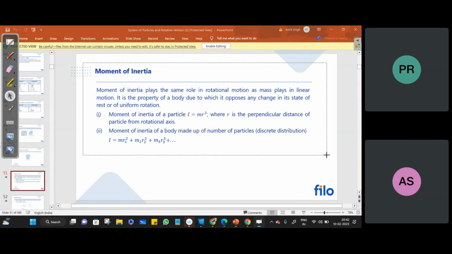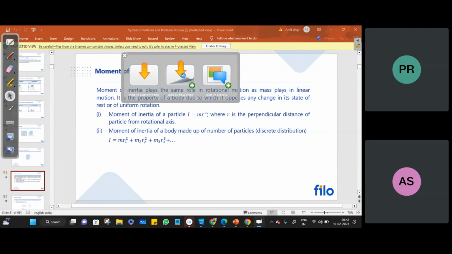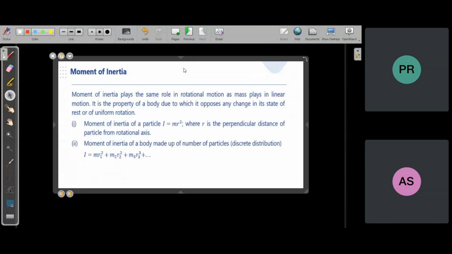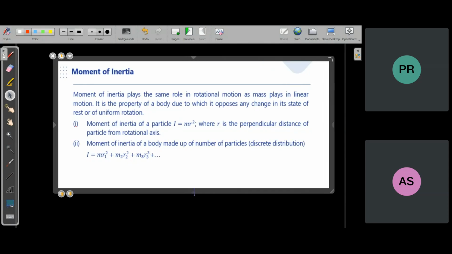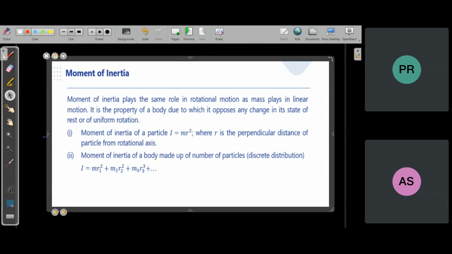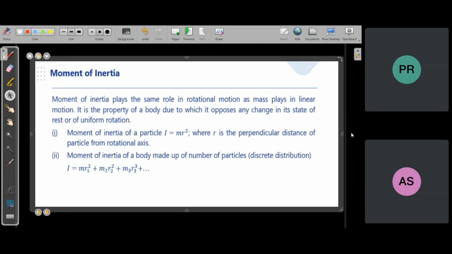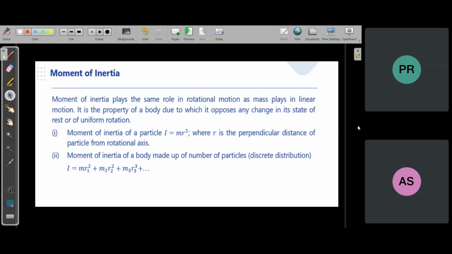Okay, so now the next important thing that we have to start, the first most important thing in the study of the rotational motion, is about the moment of inertia. Here you have to understand that moment of inertia plays exactly the same role in rotational motion as inertia plays in translational motion.